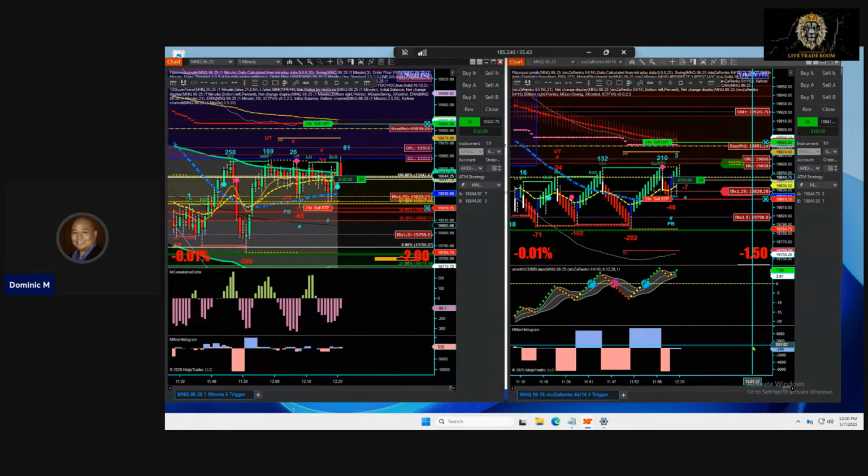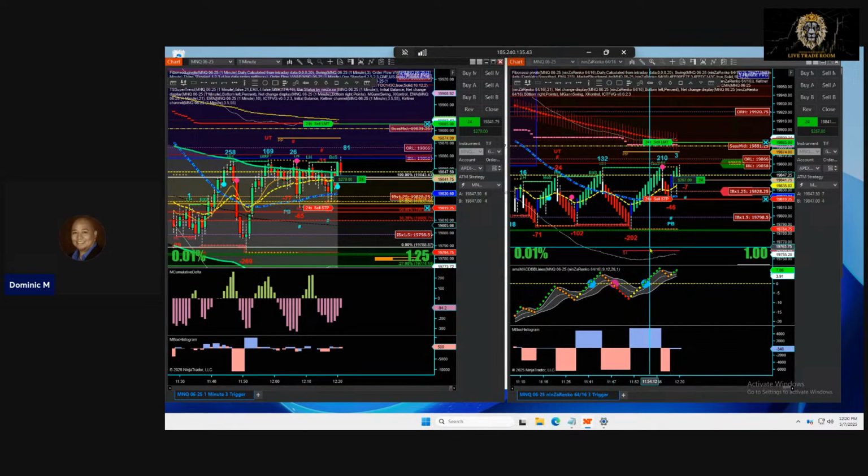Oh, I should have just closed that because they again broke it up by one tick. That high, that structure, and they brought it down.